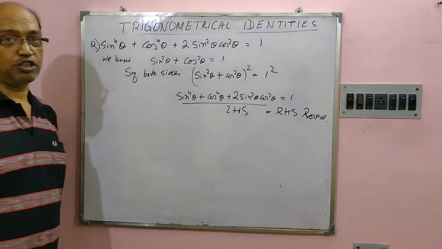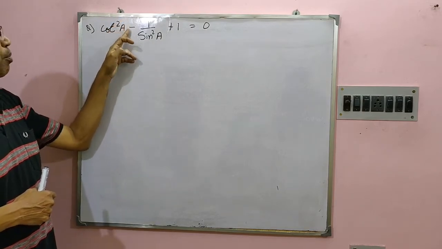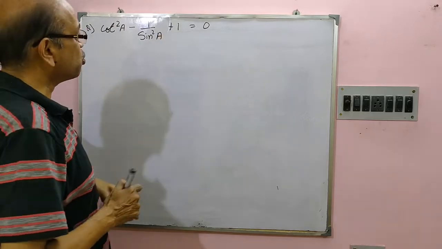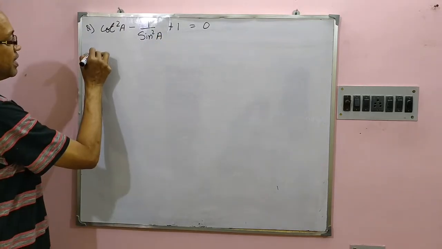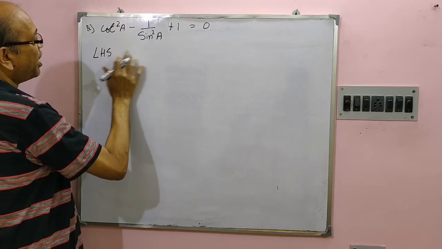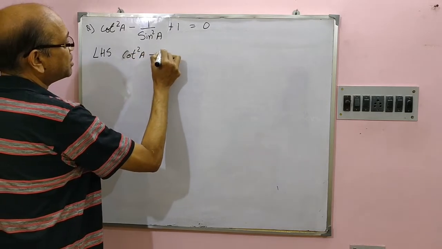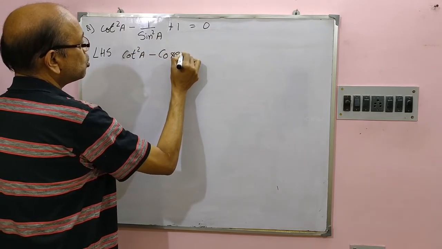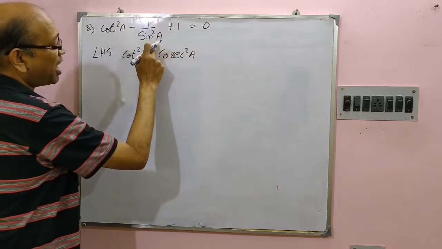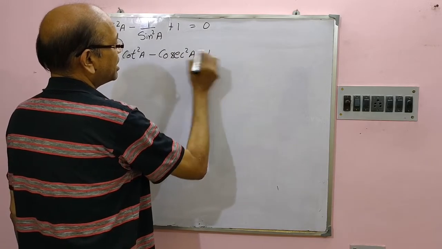Clear? Is it understood? Next, cot square A minus 1 by sine square A plus 1 equals 0. Left hand side, cot square A minus cosecant square A, because 1 by sine square is cosecant square A, plus 1.